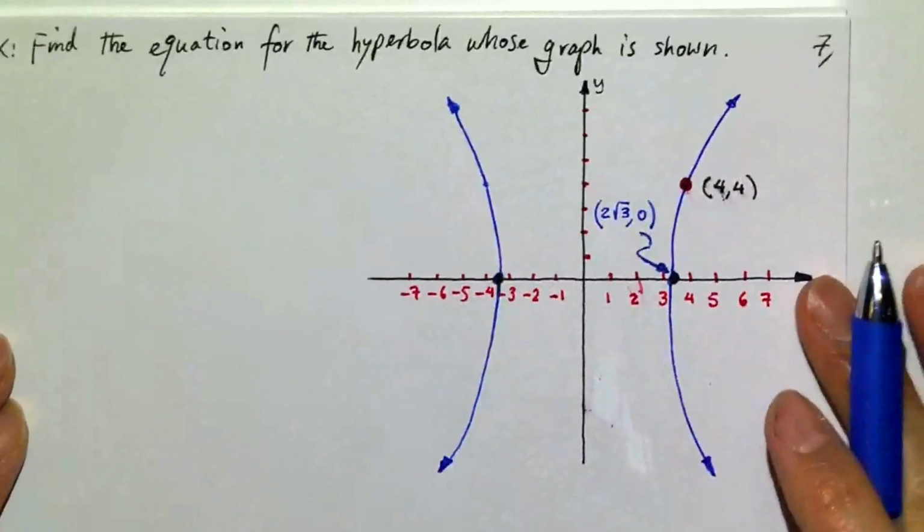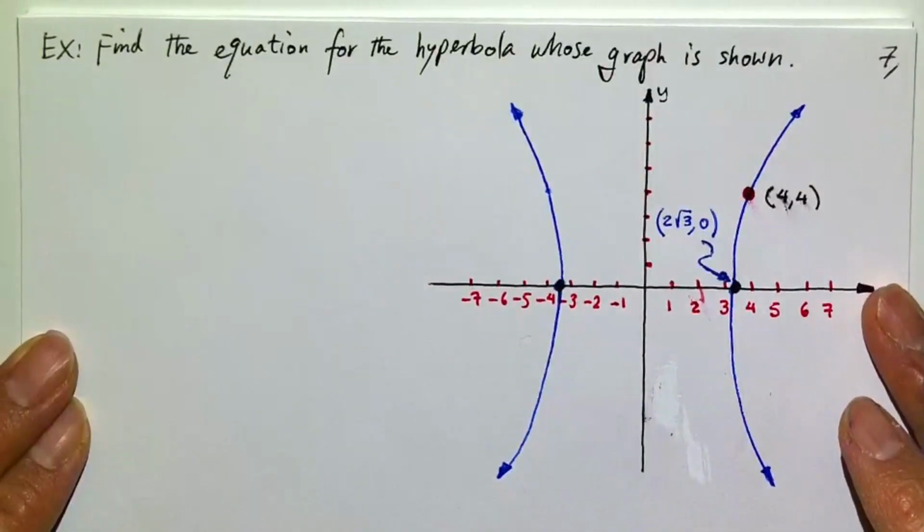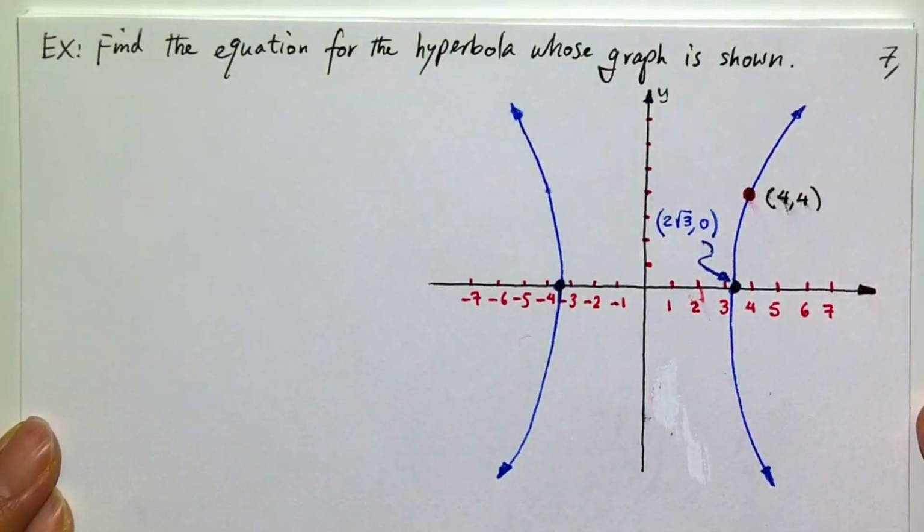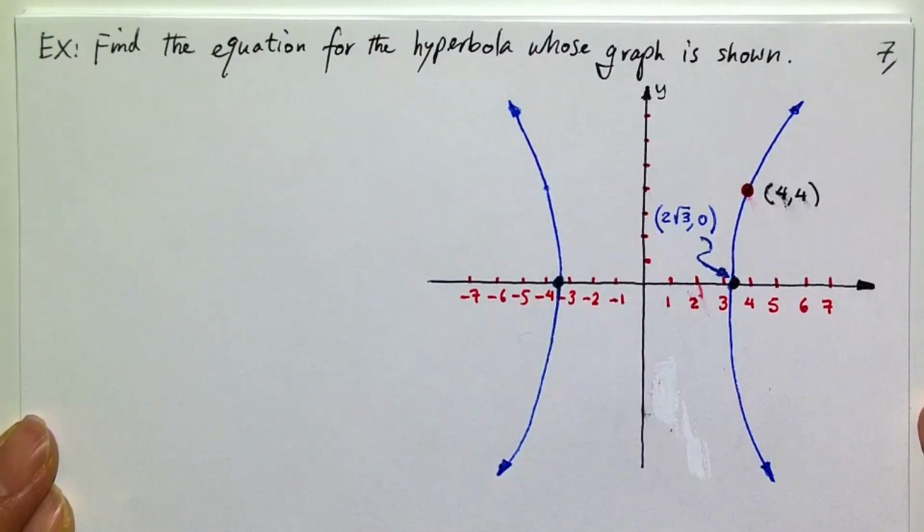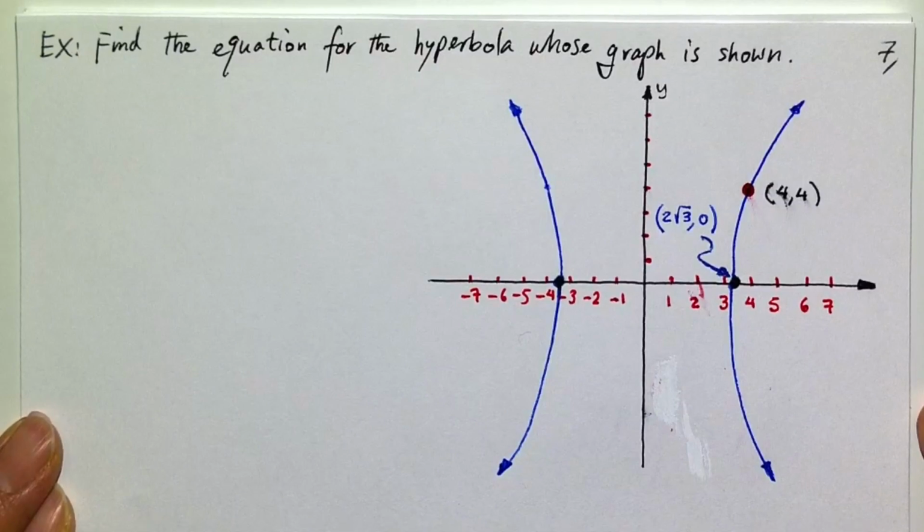Okay, so the next example we have, in this case, we want to find the equation for the hyperbola whose graph is shown. So I wanted to draw this graph beforehand.